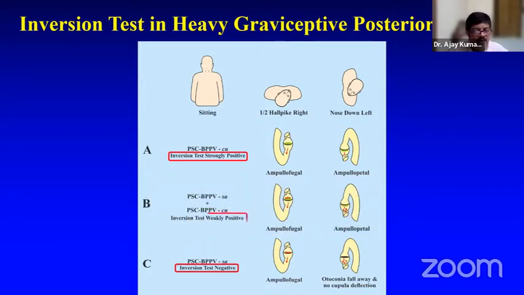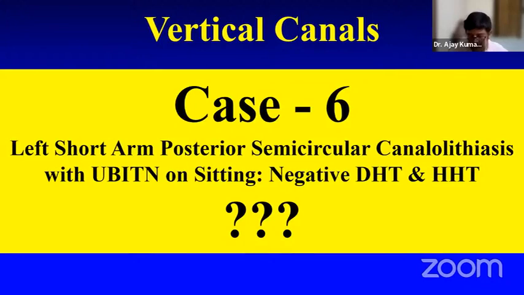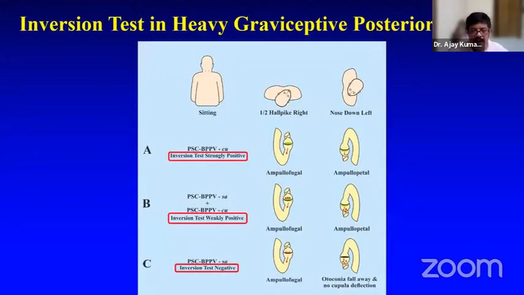Where posterior semicircular cupulolithiasis and short arm posterior semicircular canalolithiasis coexist, a part of the posterior cupula is offloaded, and the nystagmus inverses, but its polarity is attenuated, as we saw in the last case. Our group has designated this as weakly positive inversion test to identify the two things which are co-occurring.